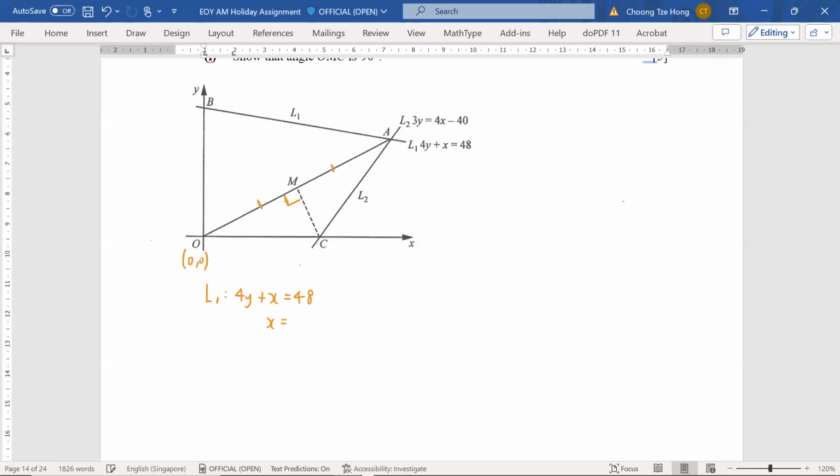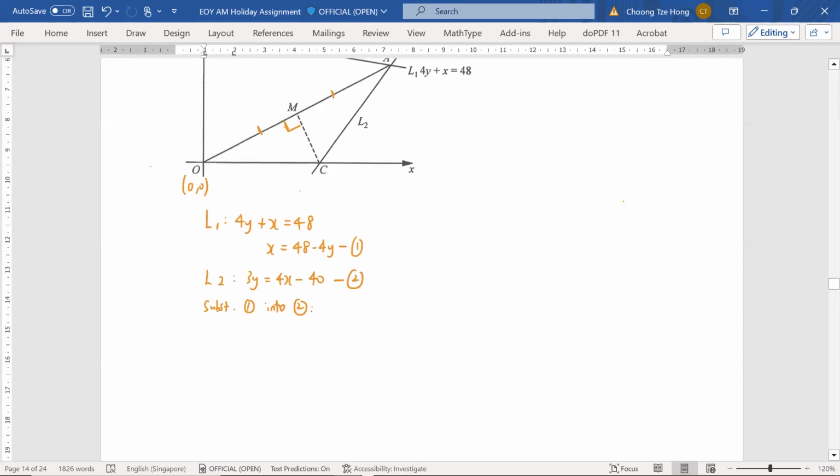I'm going to make x the subject and call this equation 1. Then L2 is 3y equals 4x minus 40. I'm going to call this equation 2, and then we're going to substitute 1 into 2.